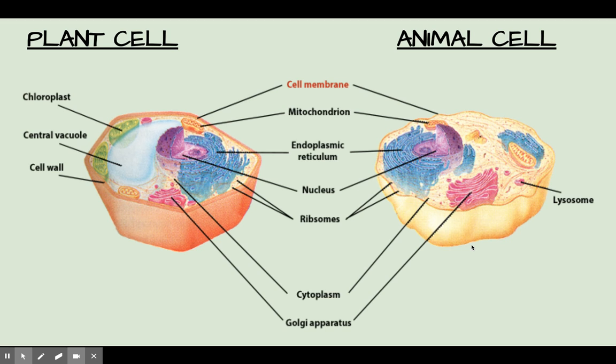There's less of a definite shape. Here we have the vacuole. Look how big the vacuole is, right? It doesn't even have the vacuole labeled in the animal cell because it's so small. Versus the vacuole here takes up nearly half of the cell. We also have the chloroplast, right? That's only found in the plant cell. Notice that it's green. Remember, it's always going to be green because of the chlorophyll.